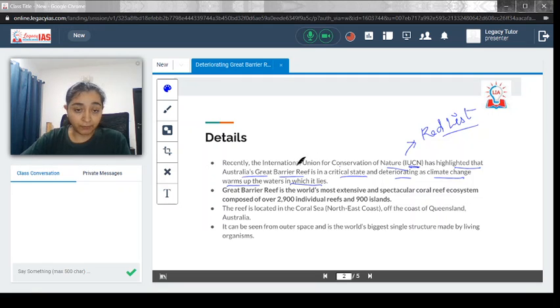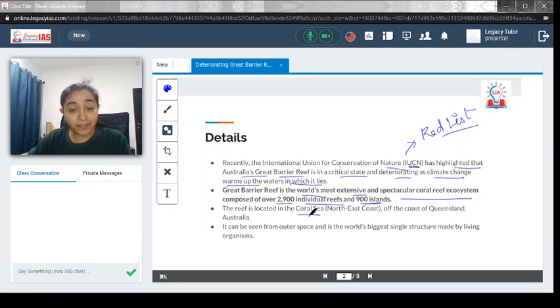the Great Barrier Reef. The Great Barrier Reef is the world's most extensive and spectacular coral reef ecosystem, composed of around 2,900 individual reefs and 900 islands. It is a spectacular system of coral reef which has developed in Australia.